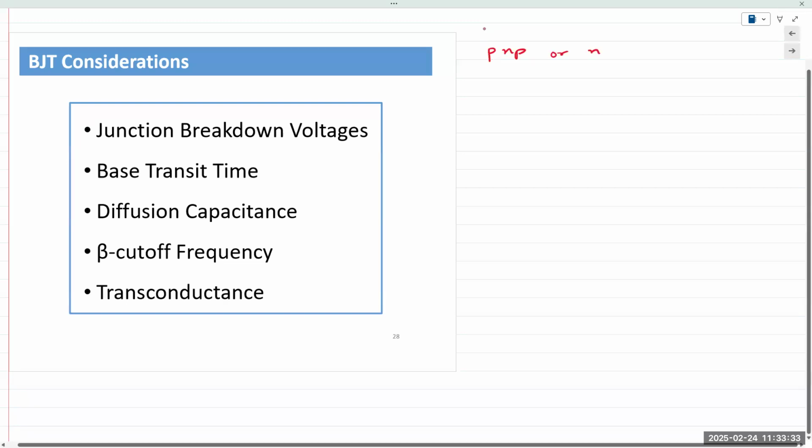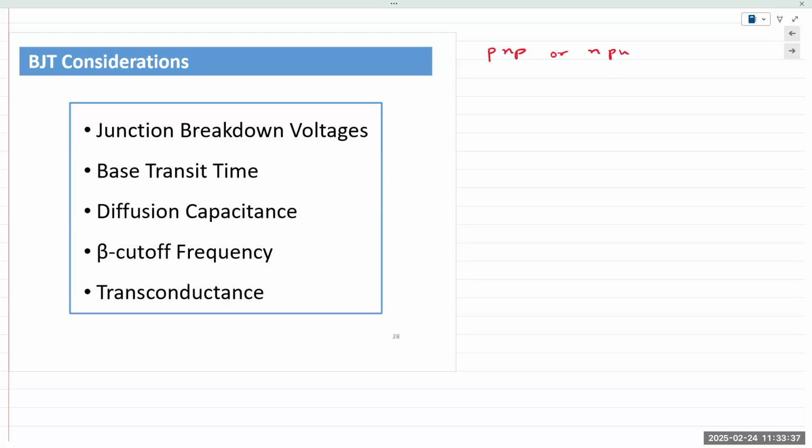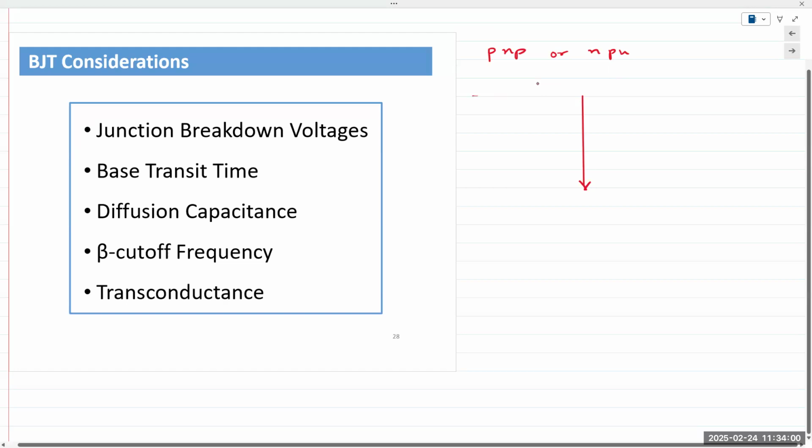And so we can look at two junction breakdowns. In both cases, we should not be seeing any current whatsoever in reverse bias if it's an ideal device. Obviously, it's not an ideal device, so we'll see something.